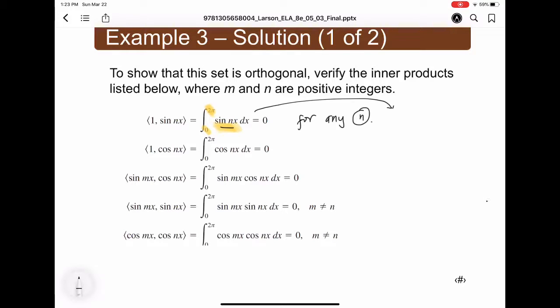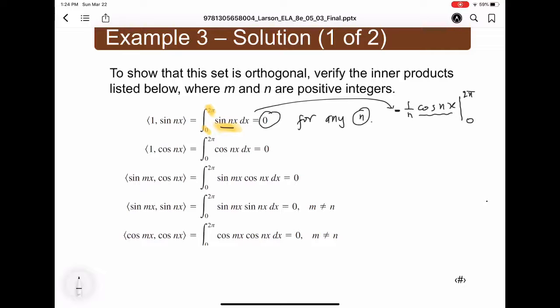That is negative 1 over n cosine of nx, right? And then you evaluate this function from 0 to 2 pi. So you plug 0 and 2 pi into cosine of nx. You get the same value because cosine of 0 is 1, cosine of 2 pi n is also 1. So when you subtract them, you get 0.